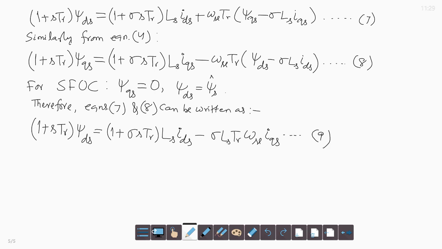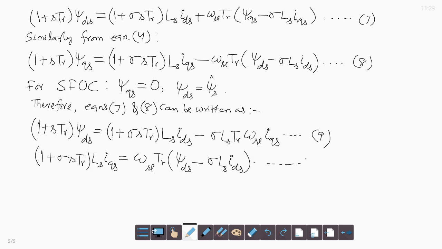Similarly, for the other winding, we have 1 plus, because psi qs is 0. So, equating we have 1 plus sigma str into ls iqs is omega sl into tr into psi ds minus sigma ls ids. This is equation 10.